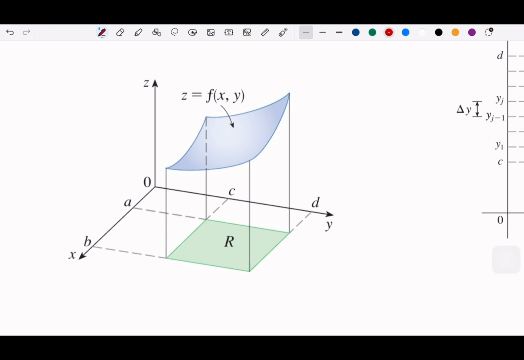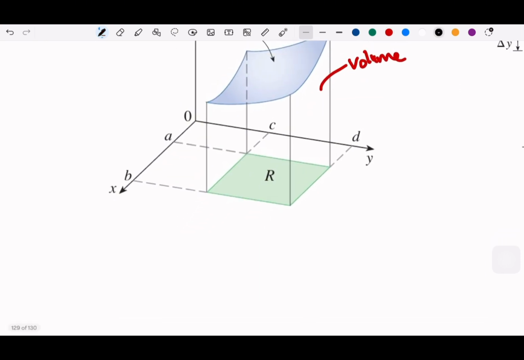So in calculus 1, you get the area, but in this, for surface functions, the region under the surface will get into a geometrical shape, a volume, right? So this will be getting a volume. We can write some notes here.